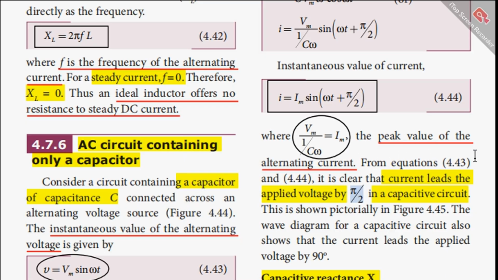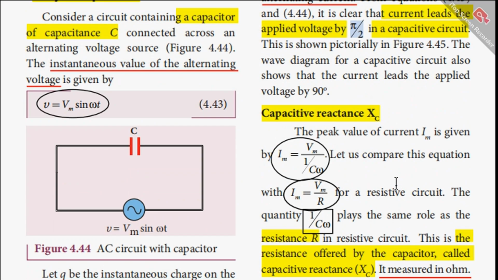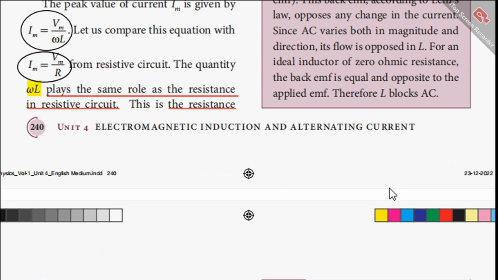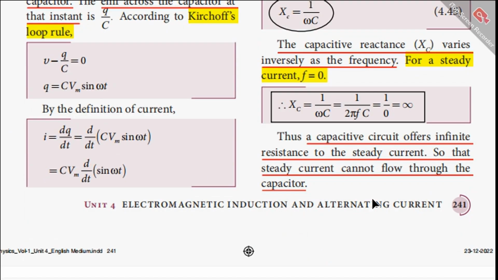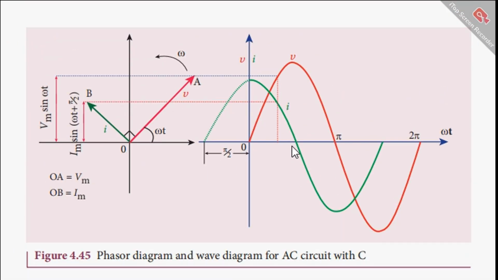So from these equations 4.43 and 4.44, we see that the current leads the applied voltage by pi by 2 in a capacitive circuit, and that is represented pictorially in 4.45. So here, this is the phasor diagram and wave diagram.